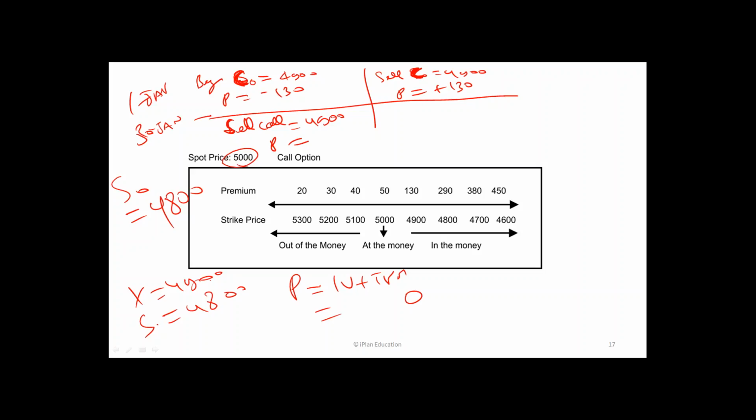Your strike price is 4900, spot price is 4800. So the call is costlier than the spot price. Out of the money. Correct. So does out of the money have intrinsic value or no?